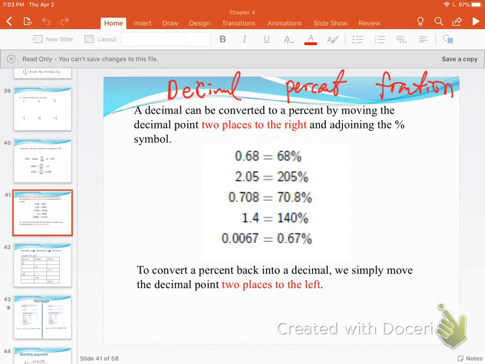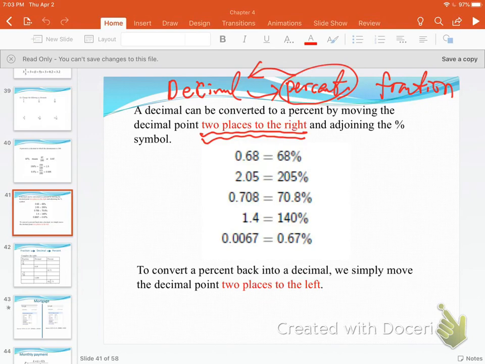If you're given a percent, we will change it to decimal, and then we change decimal to fractions, because the rule between percent and decimal is much easier. It's very easy. What's the rule? We just move the decimal point 2 places to the right or to the left.